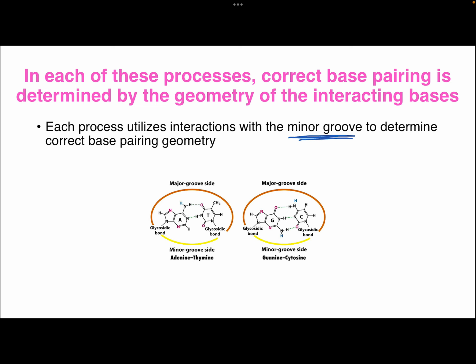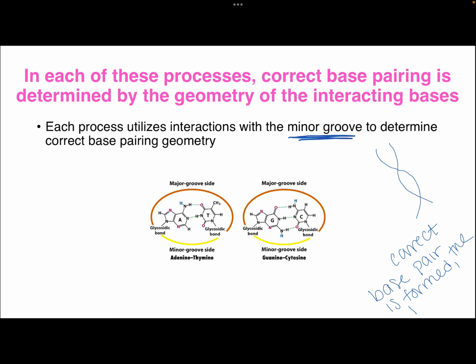So what's happening is that, let's say we're talking about DNA replication. We're making this new strand of DNA, and when the correct base pair is formed, it results in a very specific geometry of that base pair.